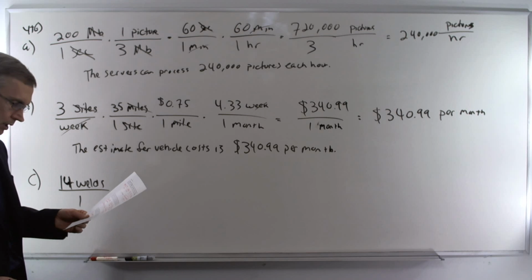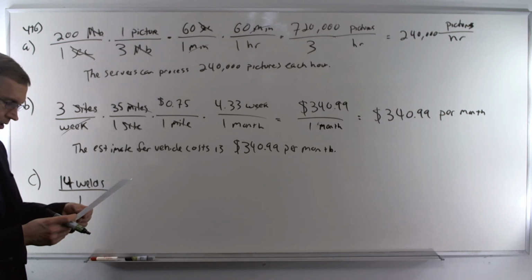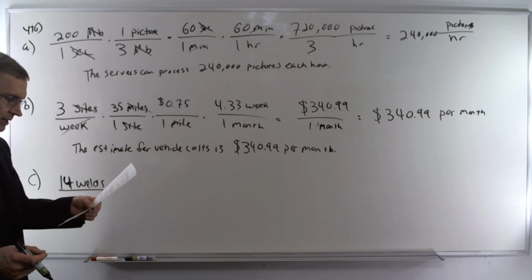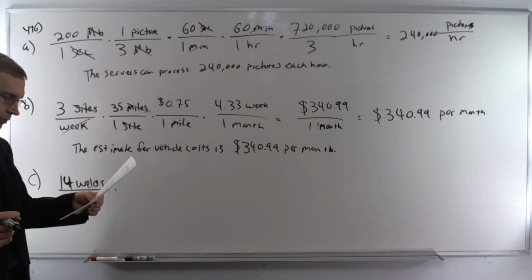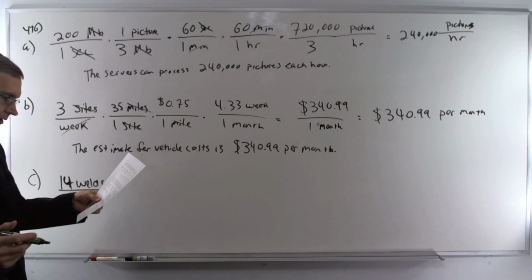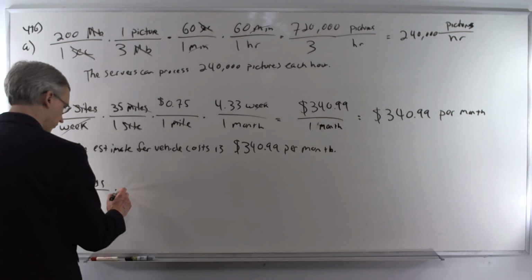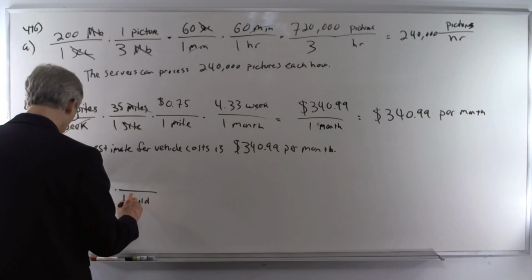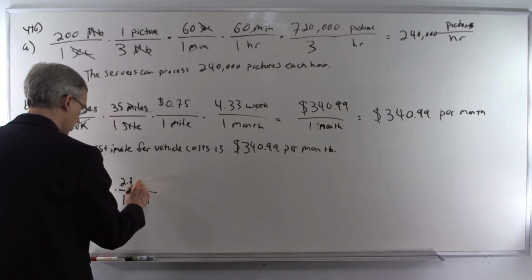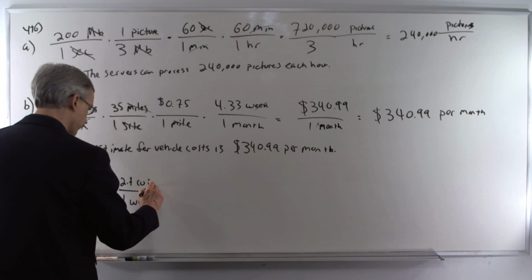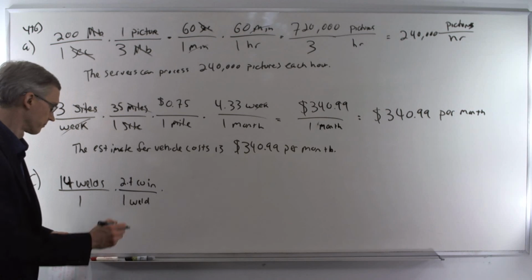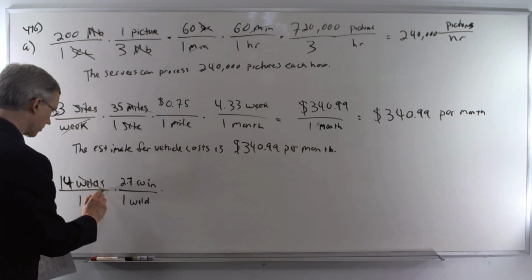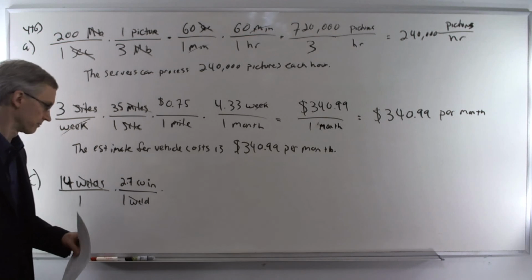And now, we're estimating that each weld requires 2.7 cubic inches of weld material. So we can convert one weld into 2.7 cubic inches of steel welding material. All right, so welds are gone. Now we're at cubic inches.